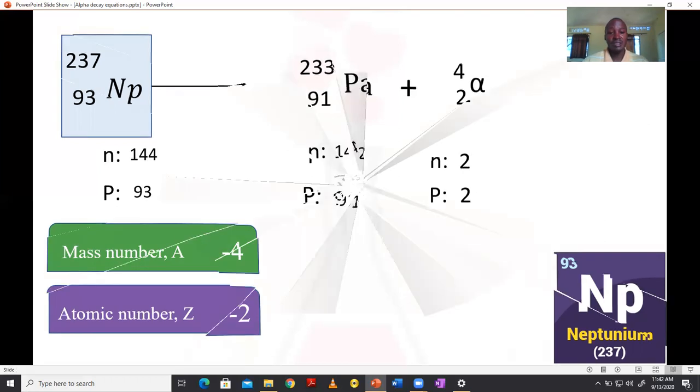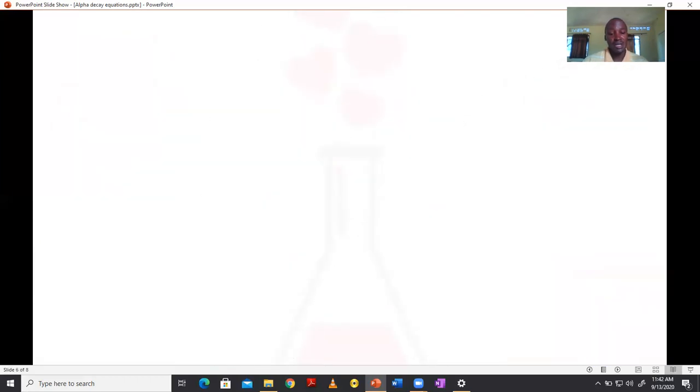So in this case, we shall have a look at 2 equations. We shall start with polonium 208 undergoing alpha decay. Obviously, if it undergoes alpha decay, we must have the alpha particle on the right-hand side of the arrow, because that's where we have the products.